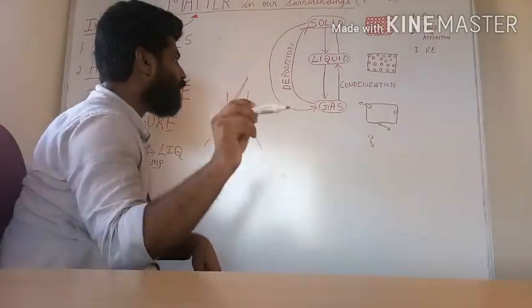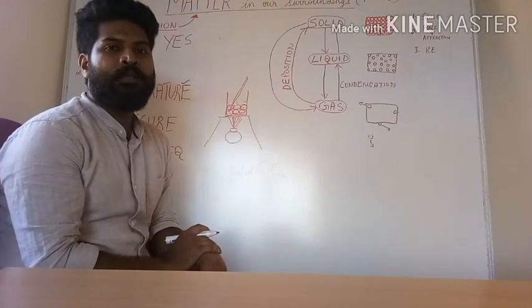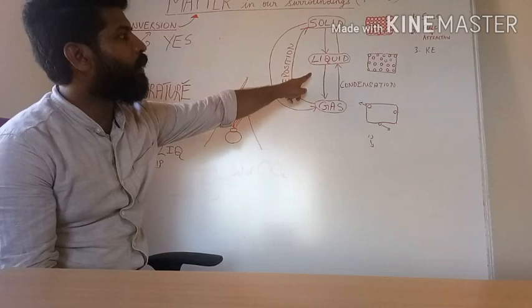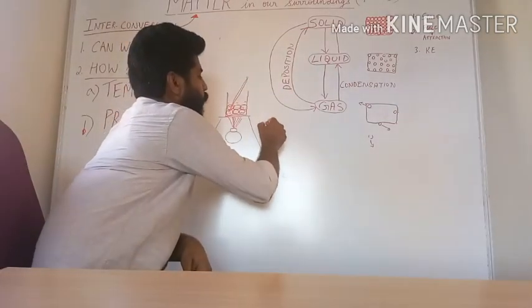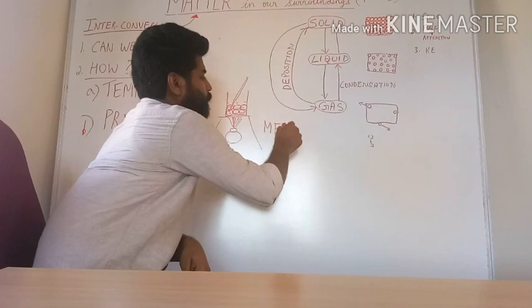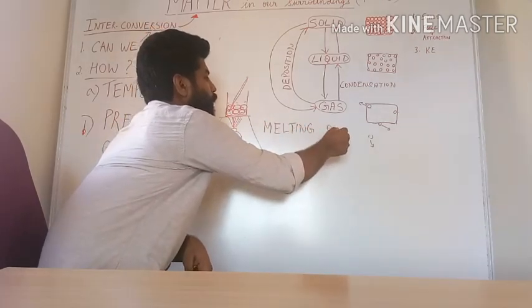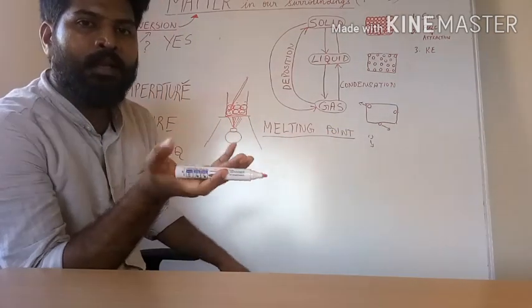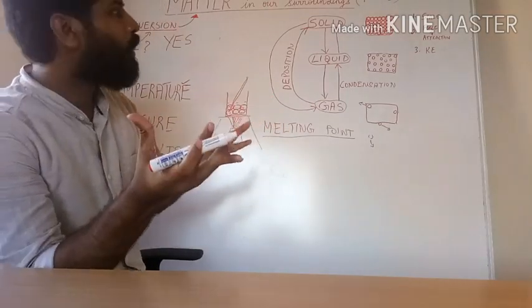Now that temperature at which a solid is converted into a liquid is what is called the melting point. What is melting? Melting is nothing but solid being converted into liquid.